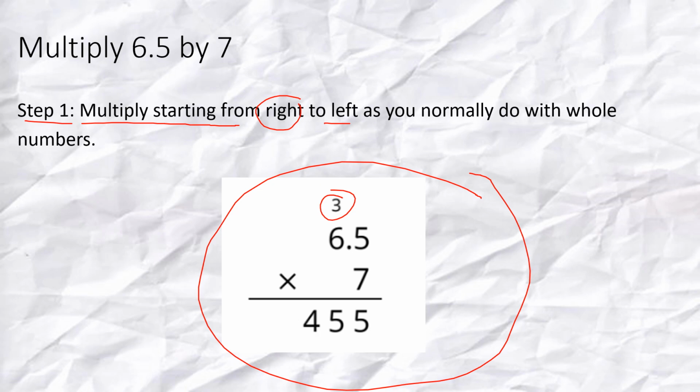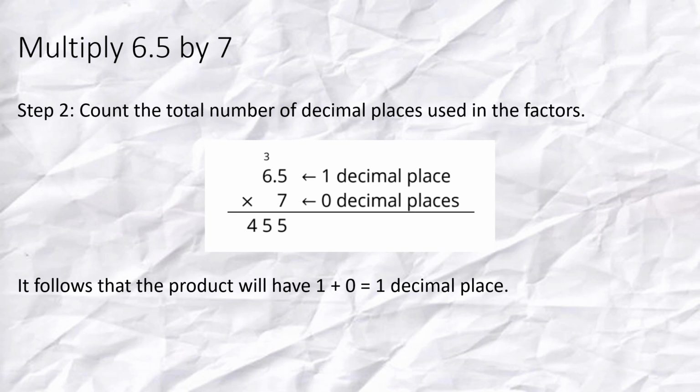For step 2, we need to count the total number of decimal places used in the factors. In the first factor, there is one decimal place, this one, while in your second factor, there are no decimal places. So we have here 0. It follows that the product will have 1 plus 0 is equal to 1 decimal place.